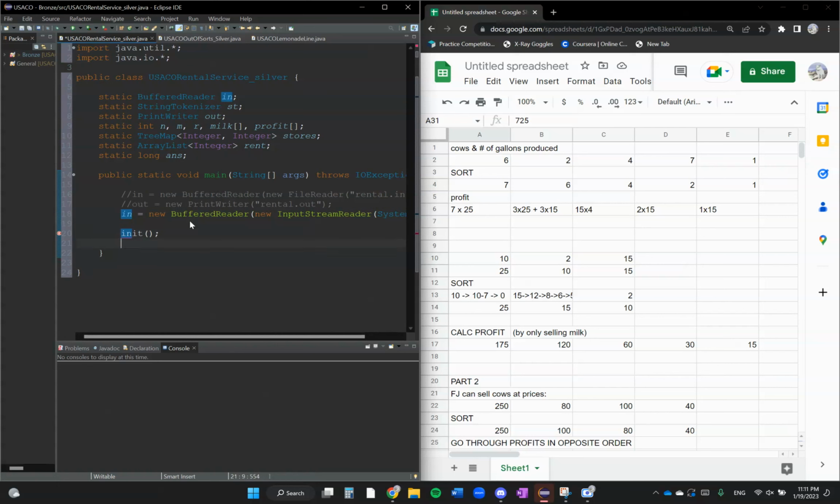And then first I'm going to be initializing it. So what do we do in the init? First we're going to get the values of n, m, and r. So st equals new StringTokenizer, because they're all in one line.